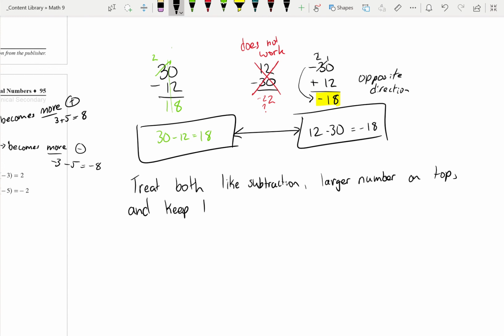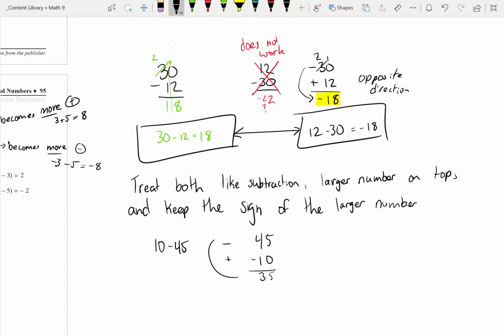And keep the sign of the larger number. So for example, if you have 10 minus 45, I'm going to think about it as 45 minus 10. I'm going to have 5, 3, and then I keep the negative sign here, so it's going to be minus 35.